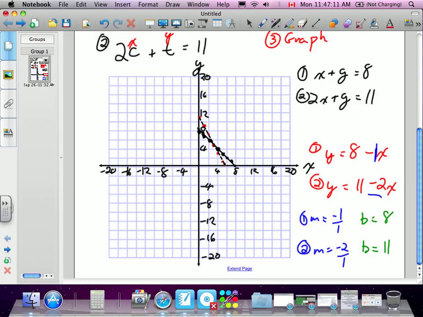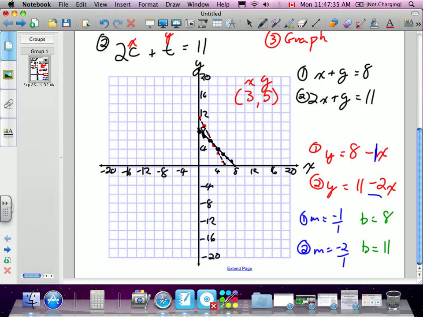My x value was 3. And when I go up, I go 1, 2, 3, 4, and in between would be the number 5. So my y value would be 5. So I've solved this linear system by putting x at 5 and y at 3, which makes sense.